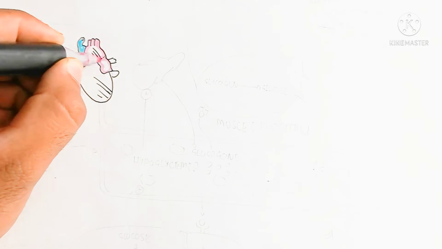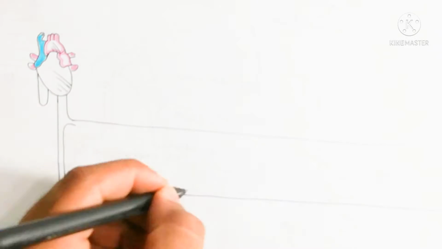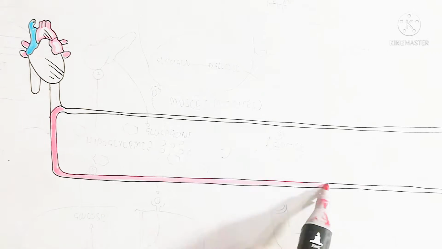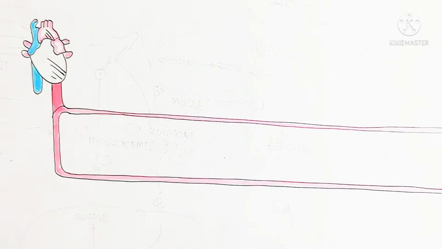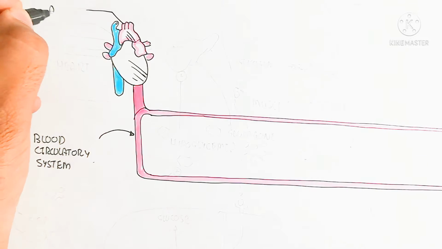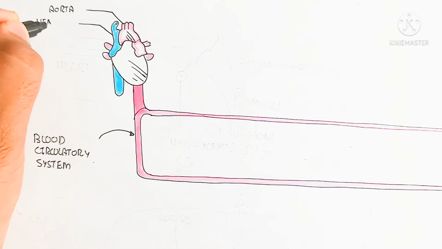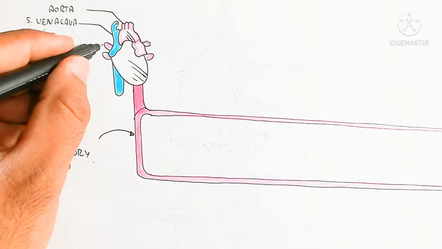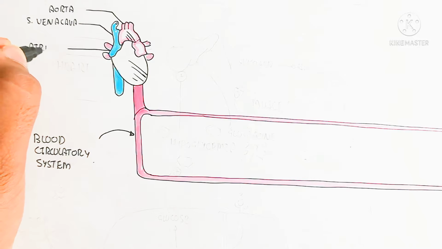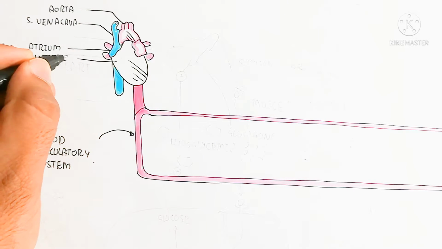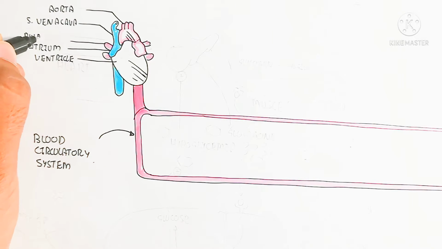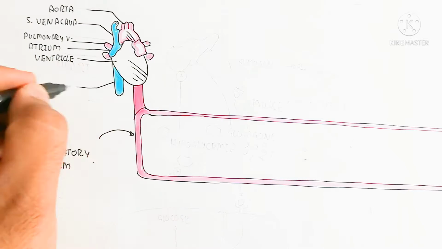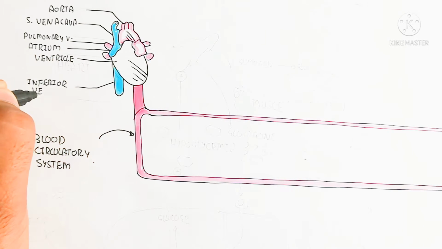So here you can see the circulatory system. Let's begin to understand the physiological aspect, and after this we will discuss the cellular function during fasting. Remember, fasting plays an important role in autophagy. Here the heart contains the aorta, superior vena cava, inferior vena cava, pulmonary vein, atrium and ventricle.